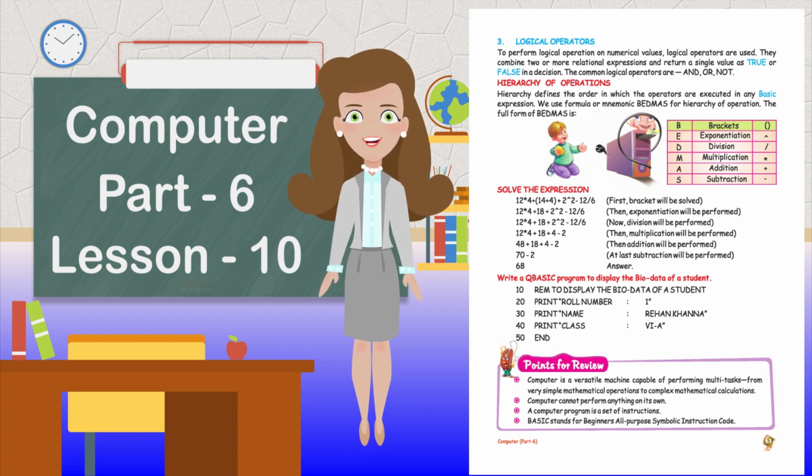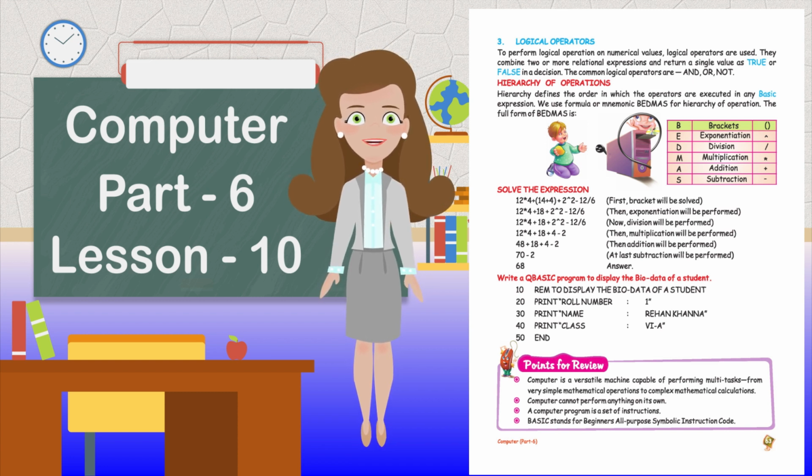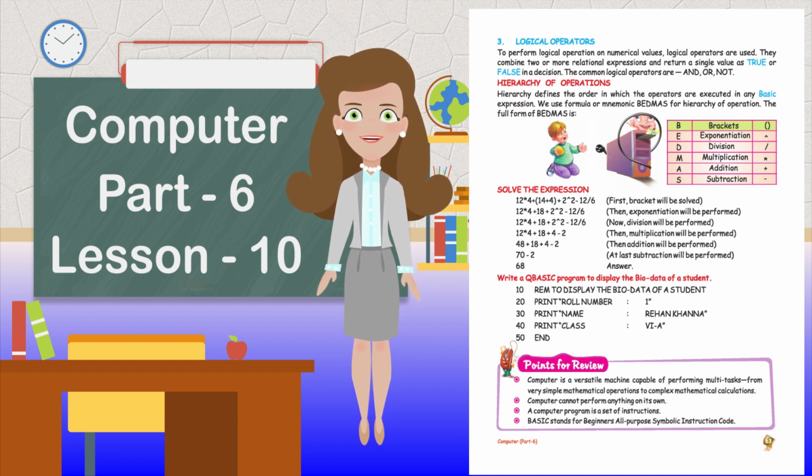Solve the expression: 12 multiply 4 plus bracket open 14 plus 4 bracket close plus 2 exponentiation 2 minus 12 divide 6. First, the bracket will be solved: 12 multiply 4 plus 18 plus 2 exponentiation 2 minus 12 divide 6.